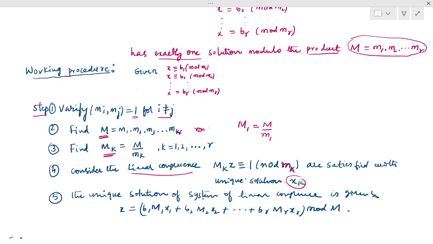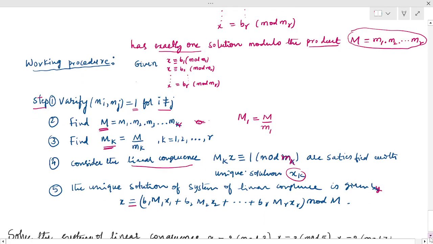Finally, the unique solution of the system of linear congruences is given by x is congruent to b1 into capital M1 into x1 plus b2 into capital M2 into x2 plus, and so on, plus br into capital Mr into xr, mod capital M, where M is the product.